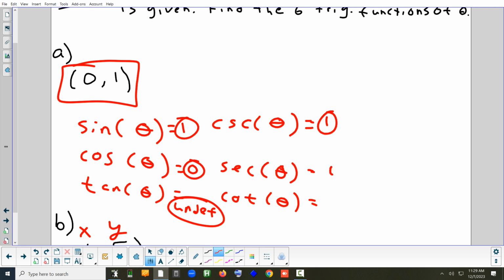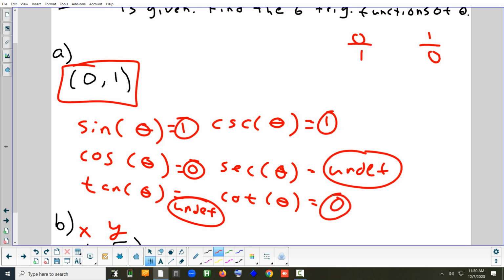Undefined. And if you're not sure why, well, here's 0. If you flip it, now you have that. So when you flip 0, you get undefined. How about when you flip undefined? It's going to become 0. So that would be 6 separate questions.